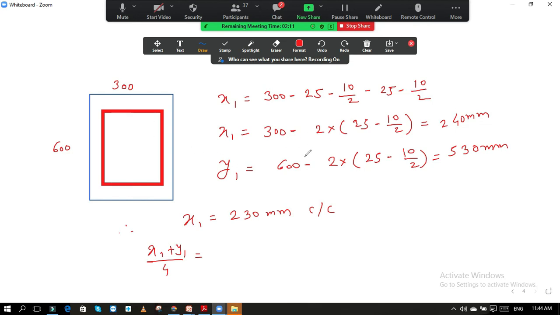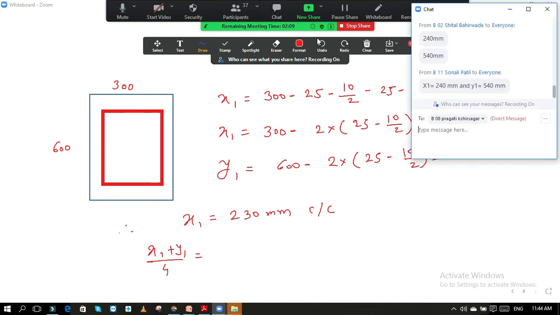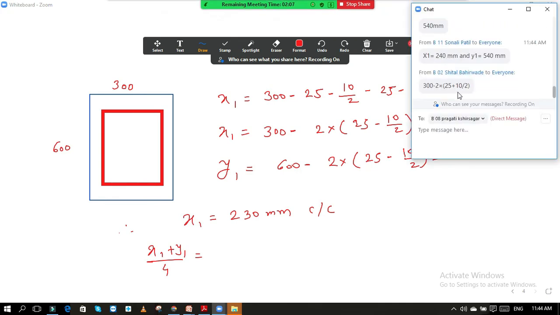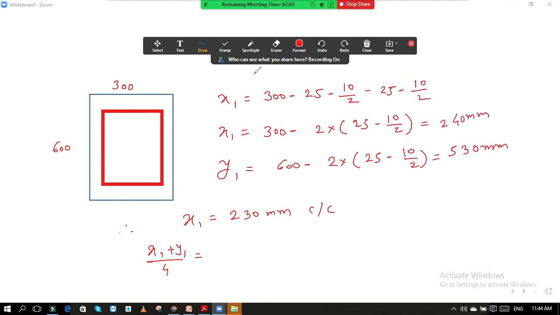So 240 mm, and now what is y1? 540 mm. Okay, so this is 540. So accordingly you write it now. Accordingly you do it x1 plus y1 and this thing. So x1 plus y1 by 4.